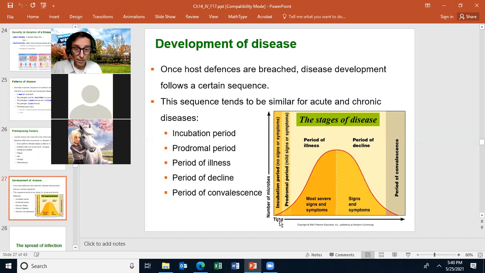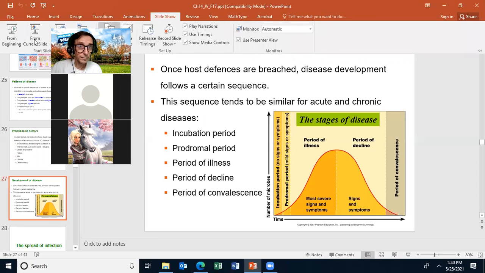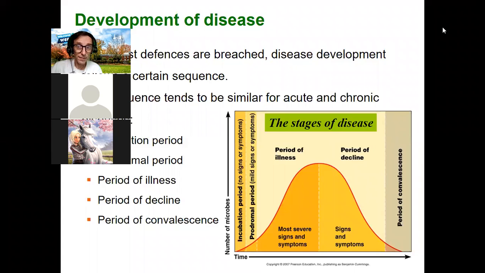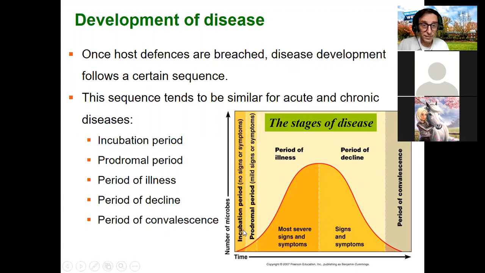All right. When the patient first becomes infected, until the time when the patient gets signs or symptoms of disease, that is called the incubation period. The patient has the microorganisms in them, but they have no signs or symptoms of disease. That's followed by the prodromal period, and that is when the signs or symptoms are mild.